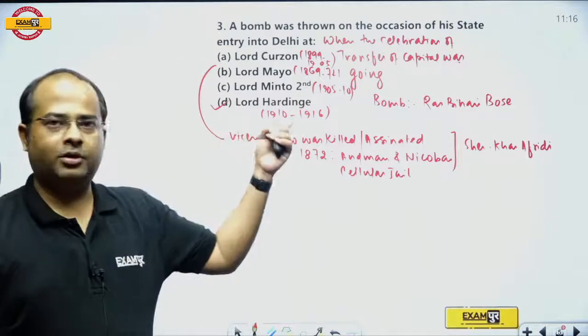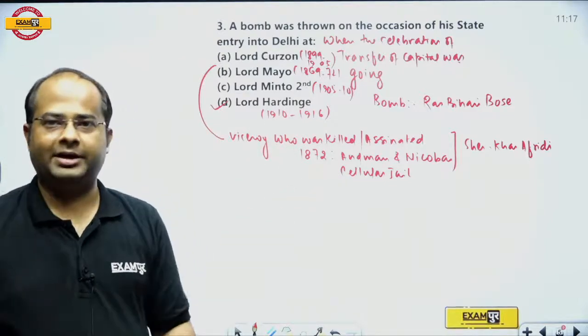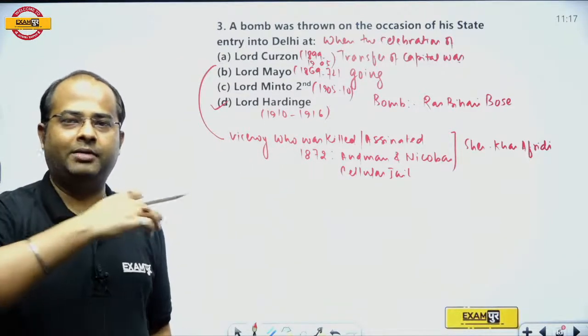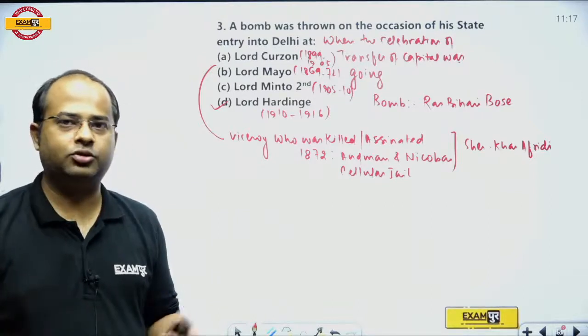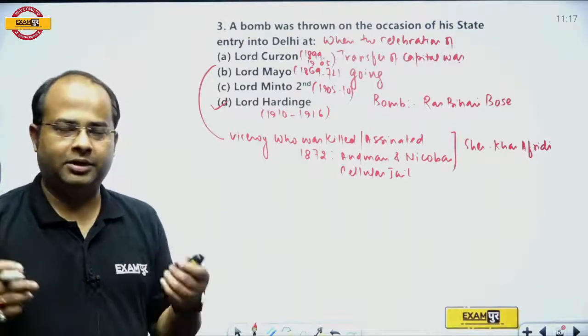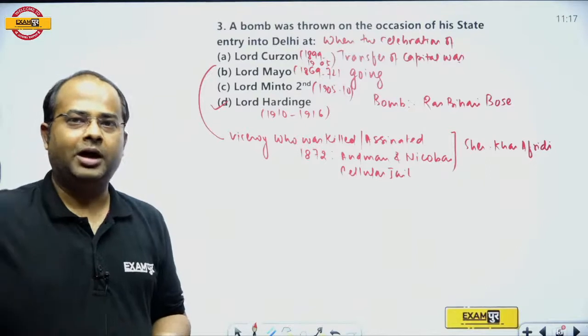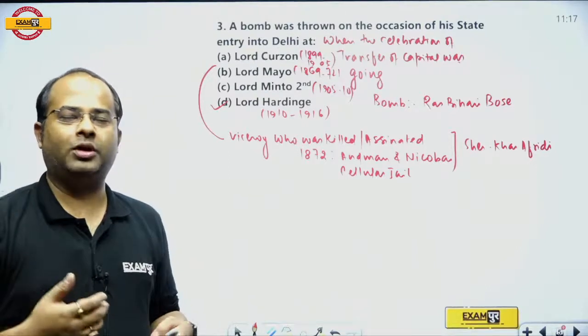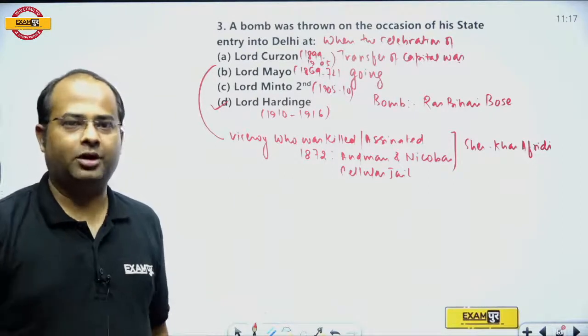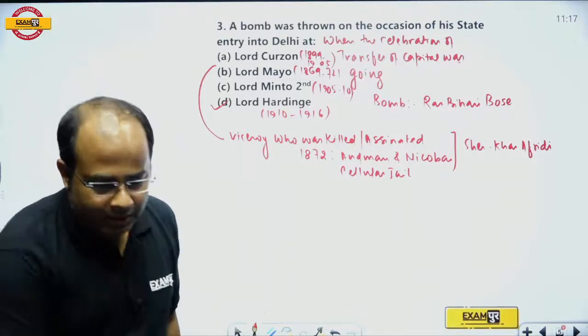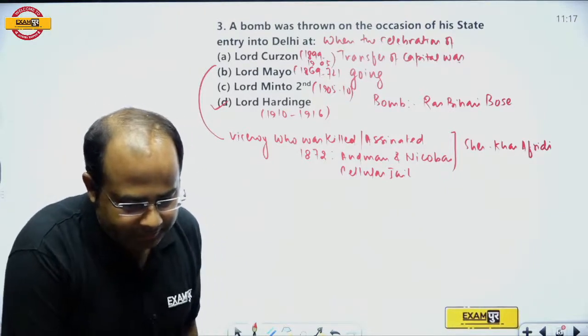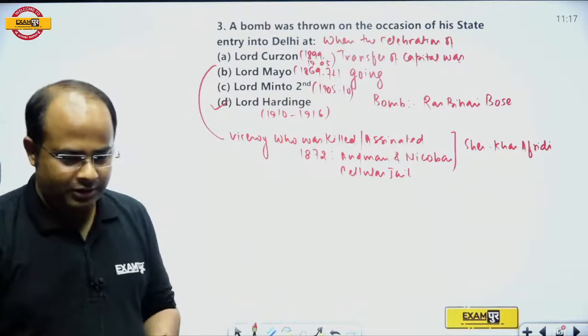The person who was driving that elephant and the person who was holding the umbrella were killed, but Lord Hardinge anyhow survived.